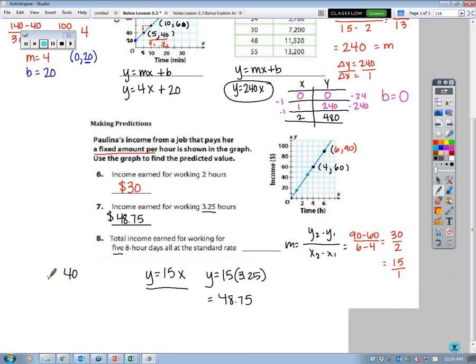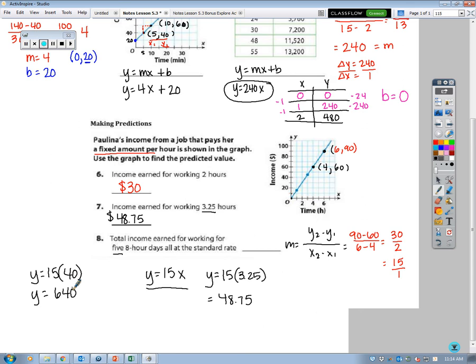We're going to plug that into our equation, y equals $15 per hour times 40 hours. And we get y equals $640. Wait, that doesn't seem right.